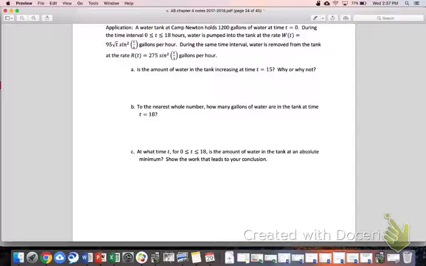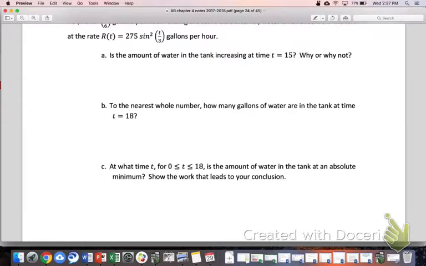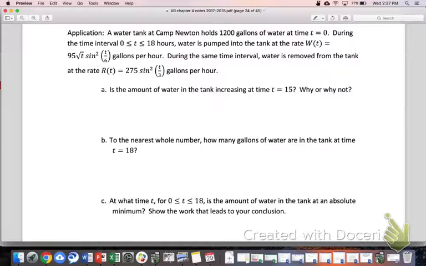Again, this is just review from chapter 3. Did you notice that there is a rate of water being pumped into the tank, and there's also a rate of water leaving the tank? So this is the proverbial net rate water tank question that we've looked at so often. Please make sure you're in radian mode once you get to the calculator part, because that'll make a difference.